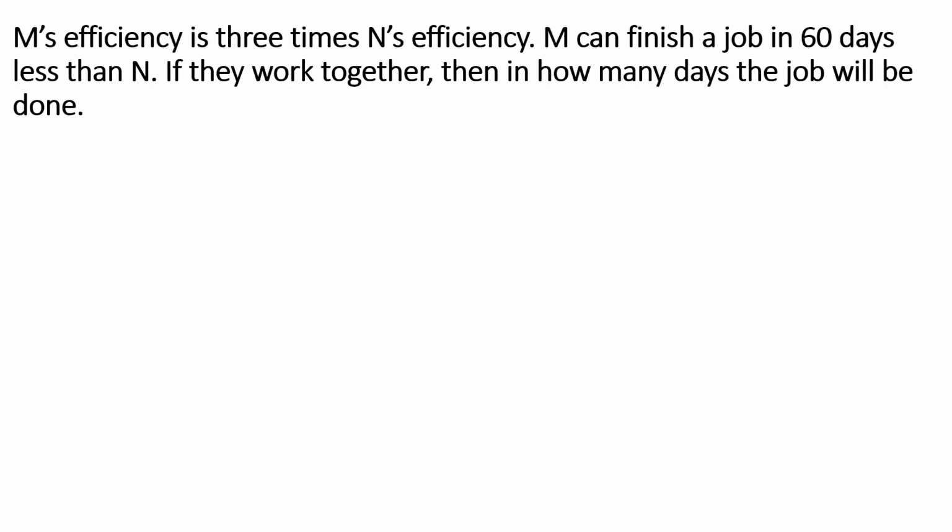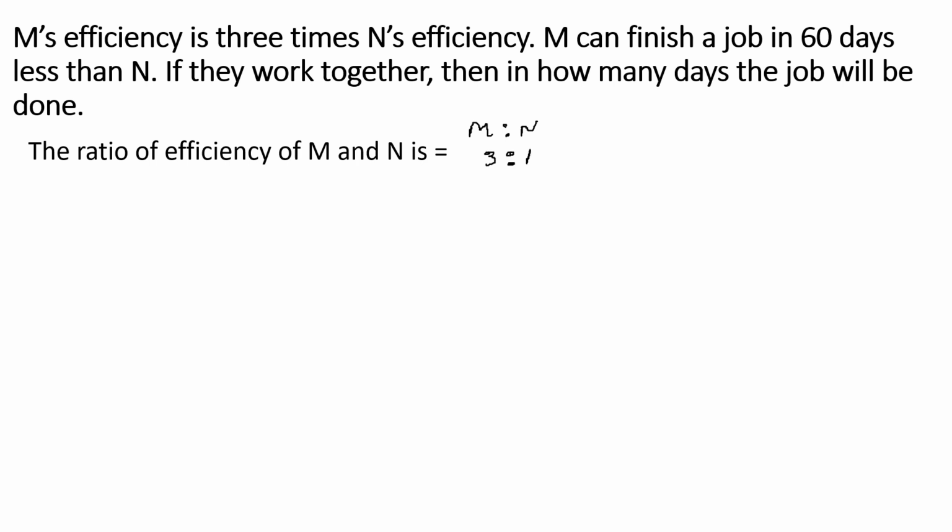M's efficiency is 3 times N's efficiency. M can finish a job in 60 days less than N. If they work together, in how many days will the job be done? The ratio of efficiency of M to N is given as 3 is to 1.